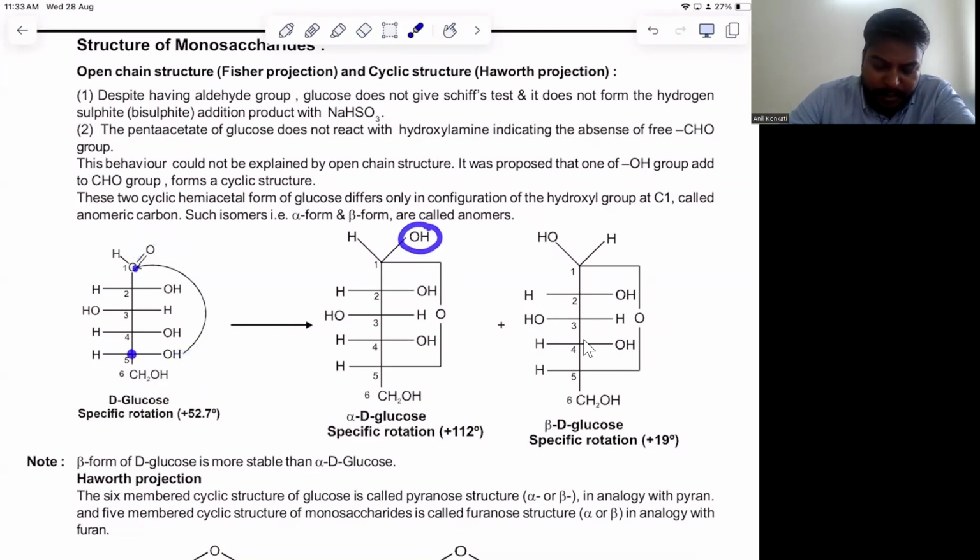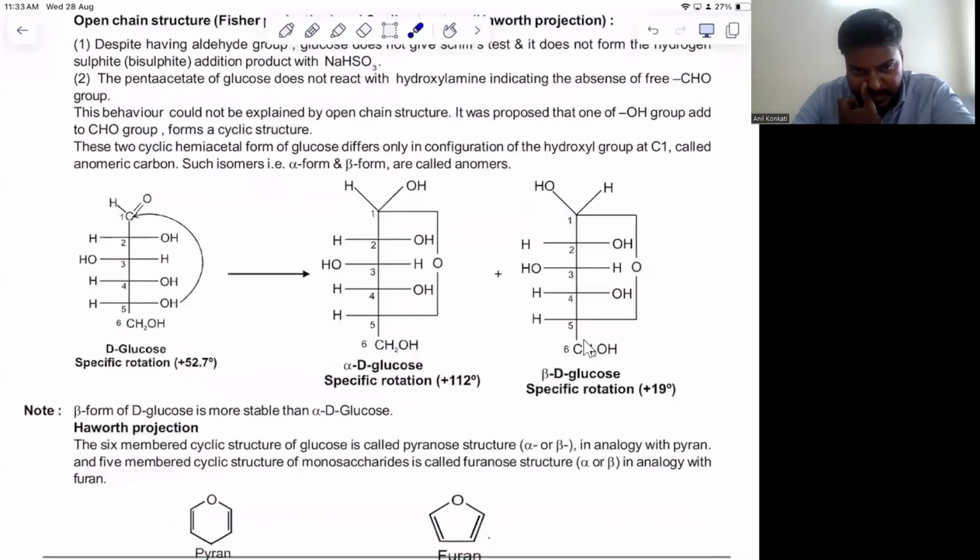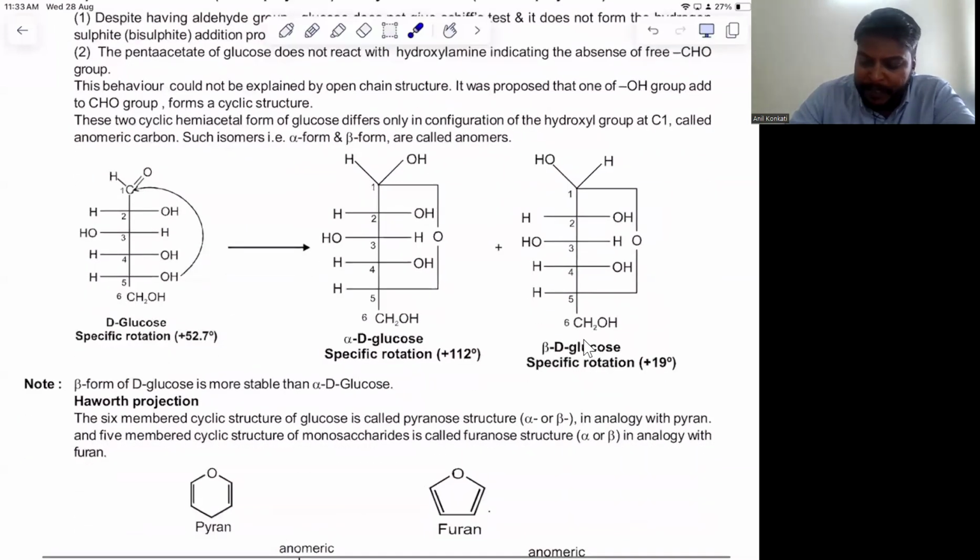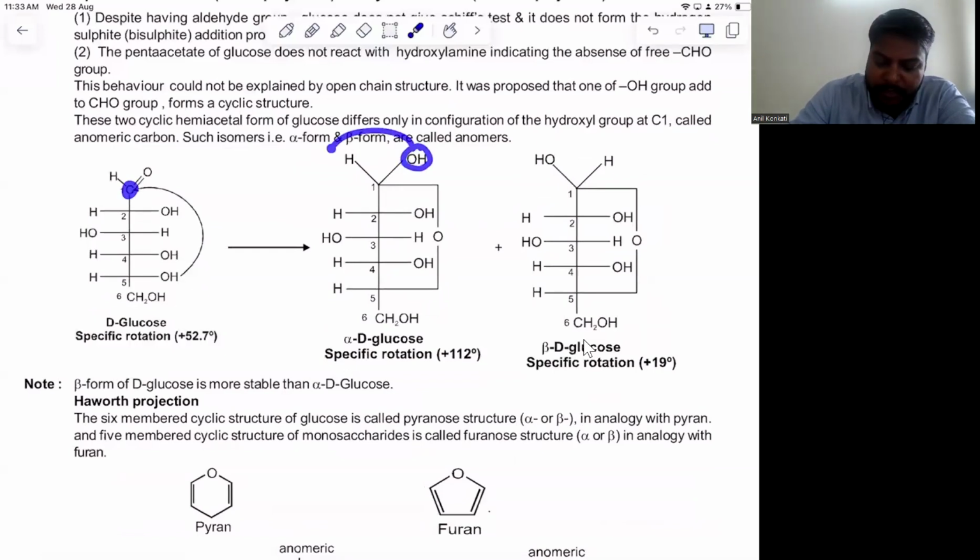Between this carbon and the fifth carbon, we have an oxygen establishing a ring. This is a five-membered ring. And because this is an sp2 carbon, OH could come on the left, it could come on the right. Here you can see OH is on the right, and here OH is on the left.